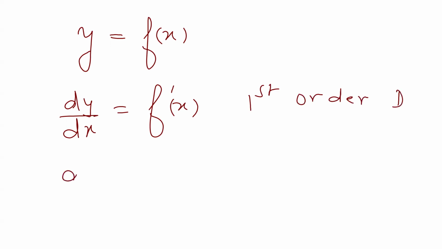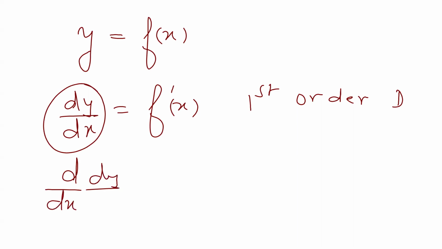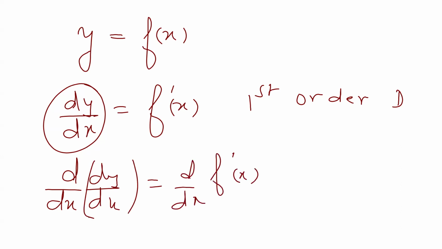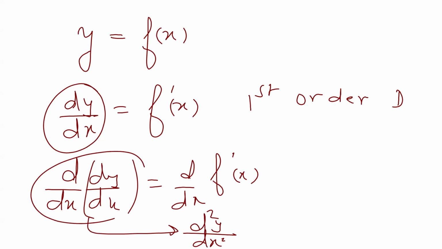Then if we derivate this once again, so d by dx of dy by dx, if we are derivating this once again on both the sides, this part is nothing but d square y by dx square. Try to understand, we are not multiplying these terms. It's not multiplication of d by dx into dy by dx.